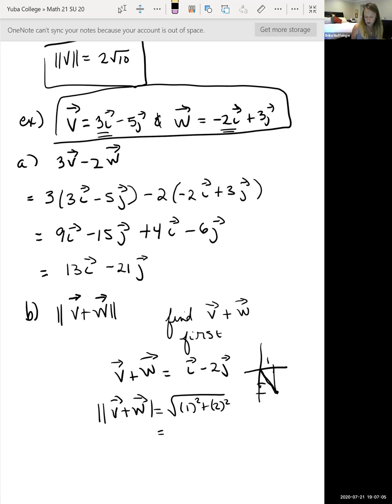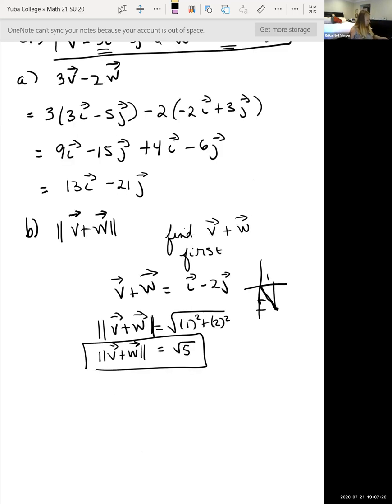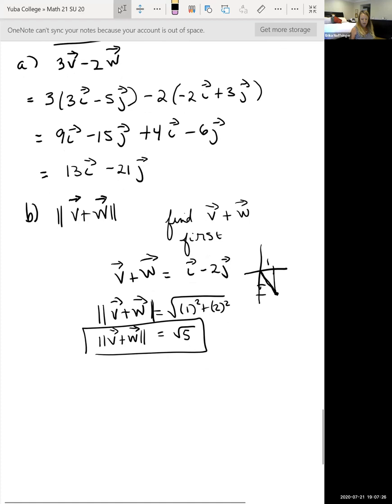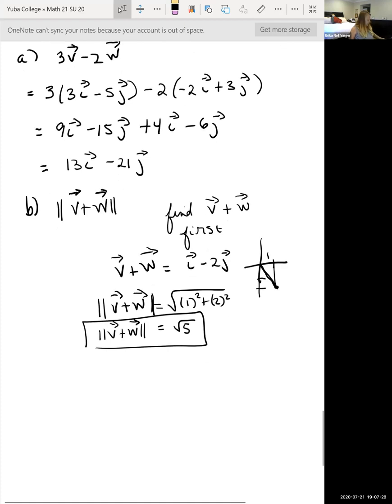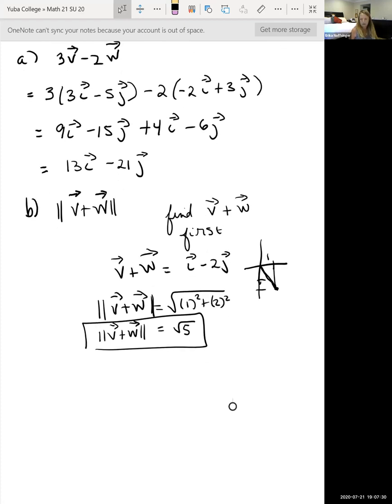So square root of 1 plus 4, square root of 5.